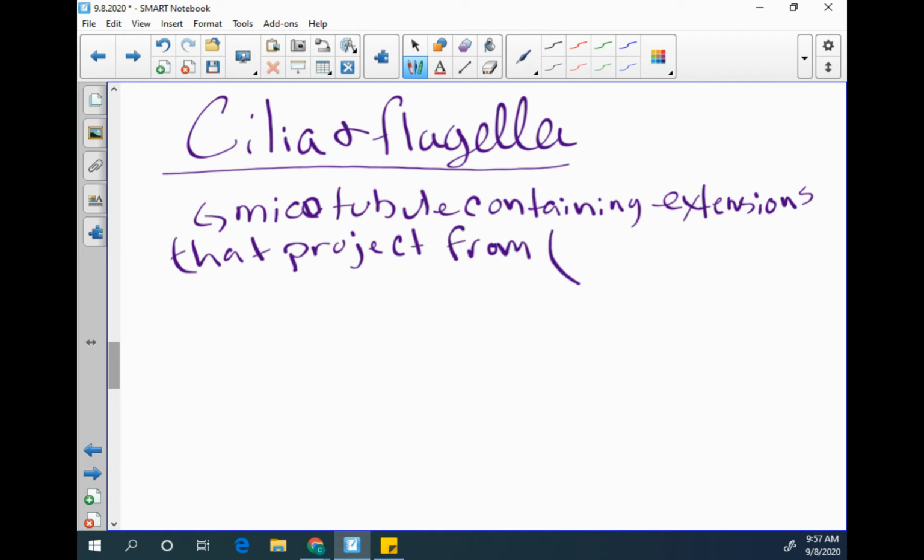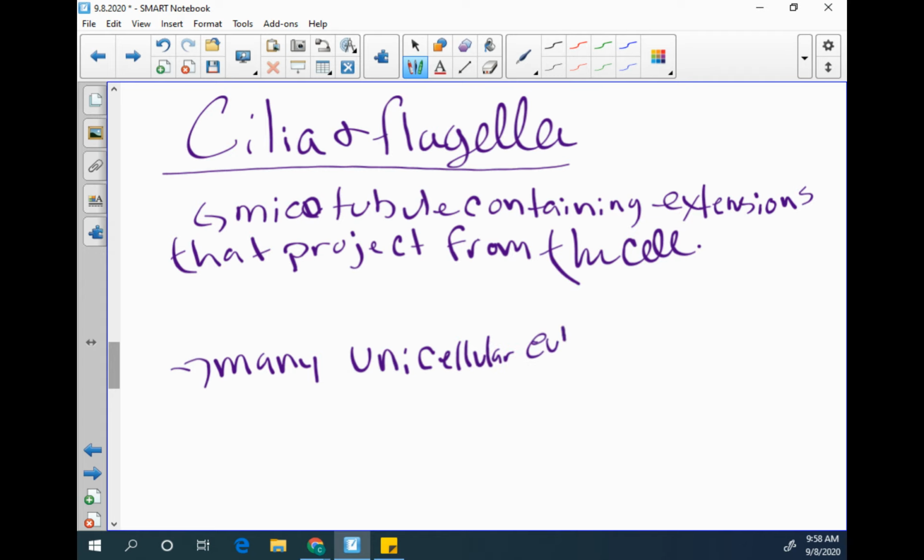So, cilia and flagella are our little extensions of the cell membrane that mostly aid in movement, that contain microtubules. So, many unicellular eukaryotes are propelled through water by cilia and flagella.